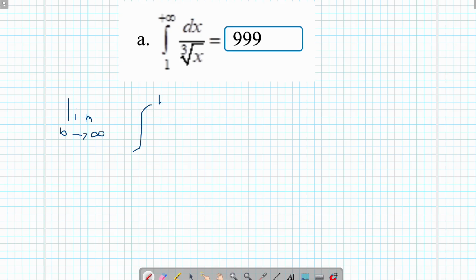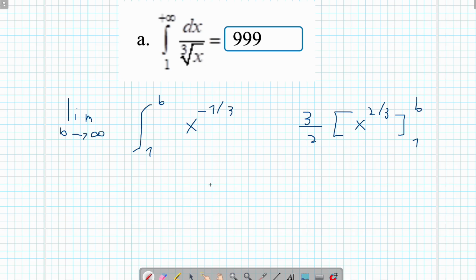So b here, 1 here, then x to the negative 1 over 3. We're going to integrate and get 3 over 2 times x to the 2 over 3, from b to 1, 1 to b.